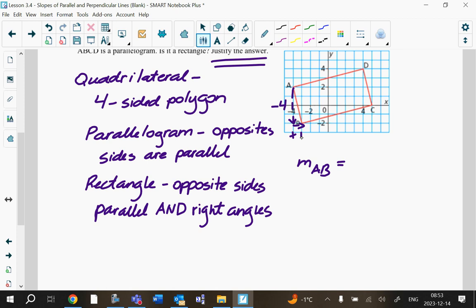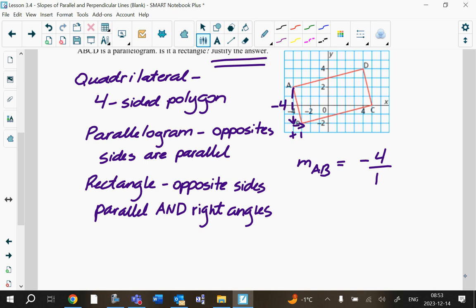So it would be -4 over +1. I'm not going to simplify it because I need to compare it with the other one. So if they're perpendicular, if they're right angles, what does the next one have to work out to be?